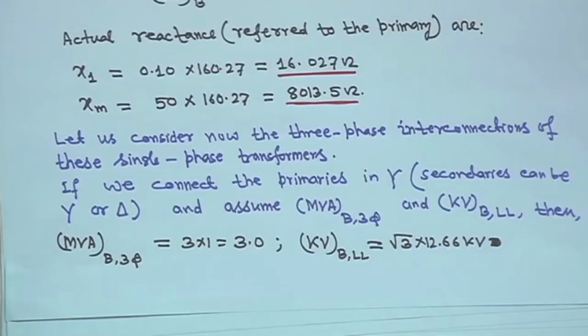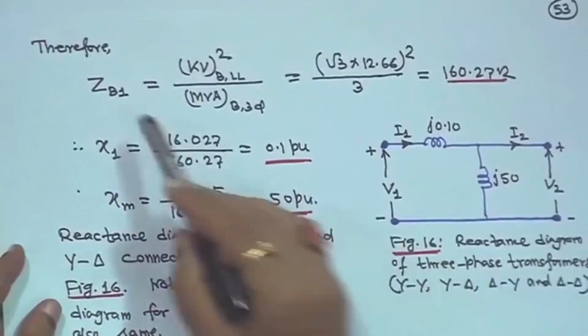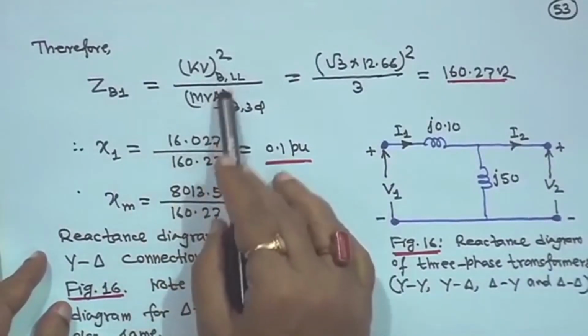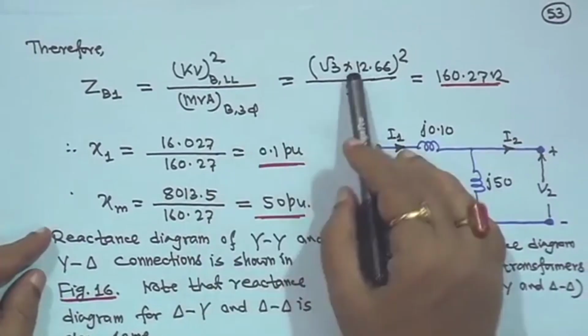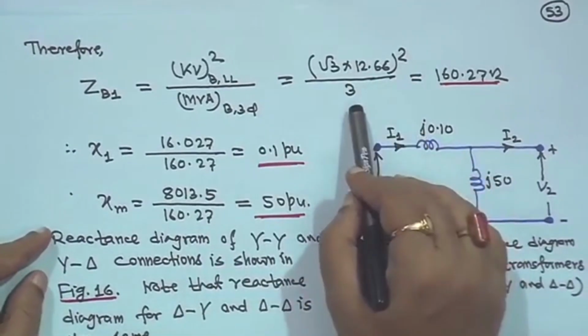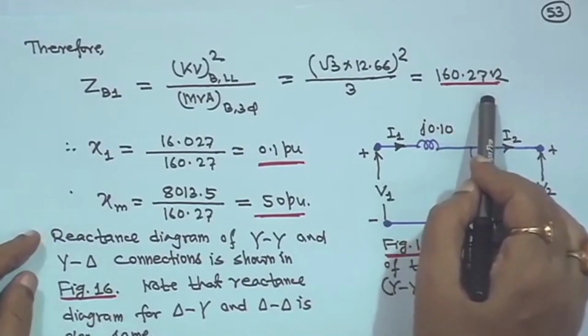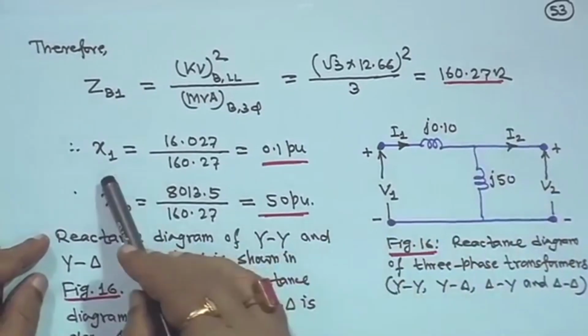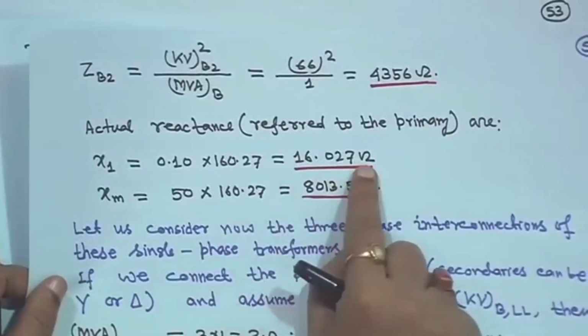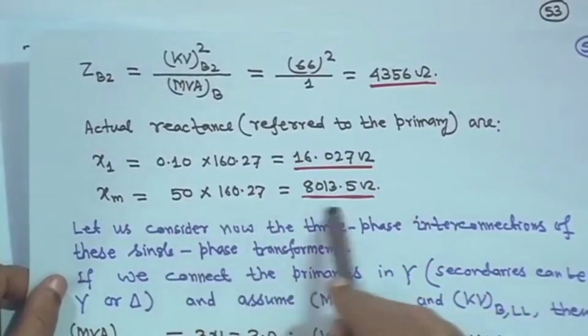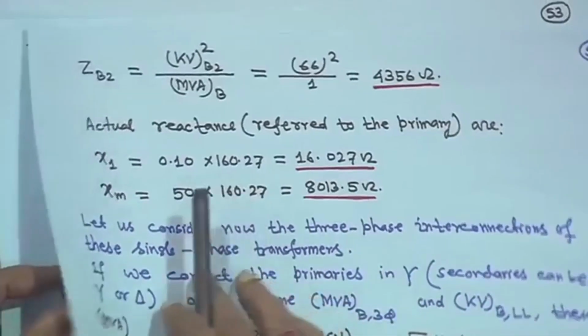Therefore ZB1 is kV base line to line squared by MVA base 3 phase, that is root 3 into 12.66 squared upon 3, that is 160.27 ohm. Therefore, X1 was earlier 16.027 ohm and XM is 8013.5 ohm.